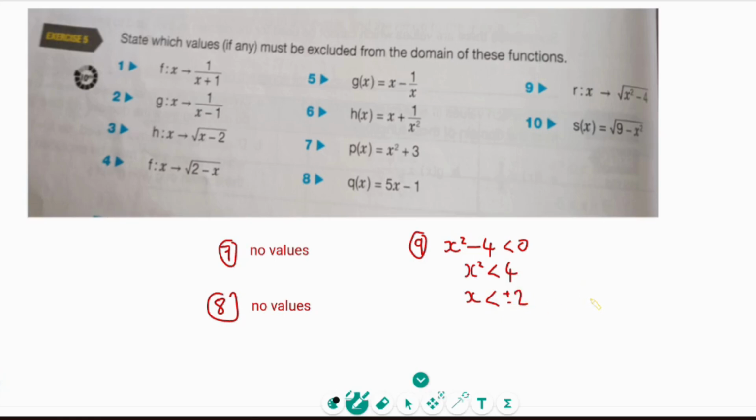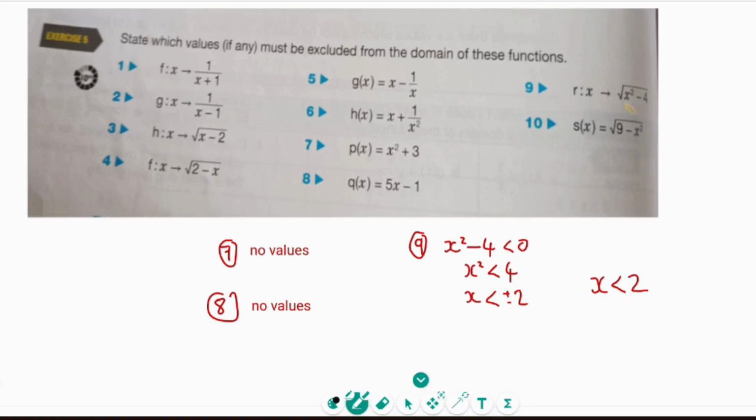Because negative 2 squared gives you 4. Let's have a think about this. So if x was 2, 2 squared minus 4 would give us a negative answer. 1 squared minus 4. So we don't want anything less than 2, do we?